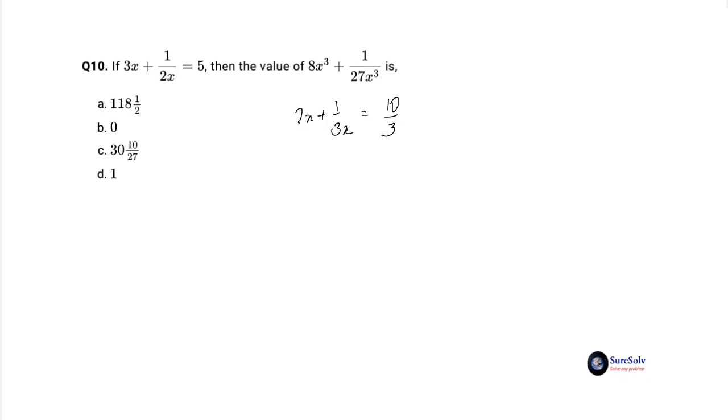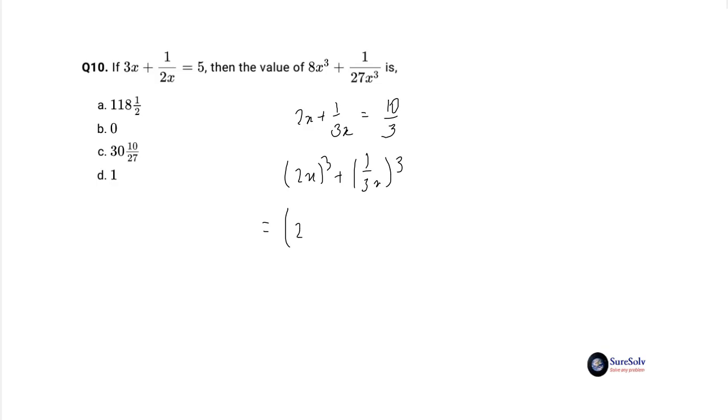By the sum of cubes expression, 2x cubed plus 1 by 3x whole cube equal to 2x plus 1 by 3x multiplied by 2x plus 1 by 3x whole square minus 3 into 2x into 1 by 3x.